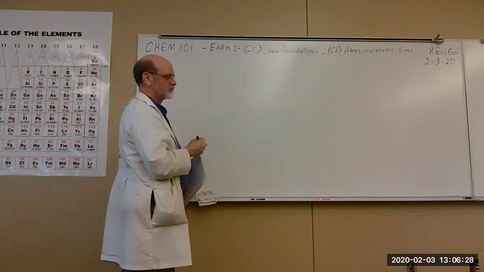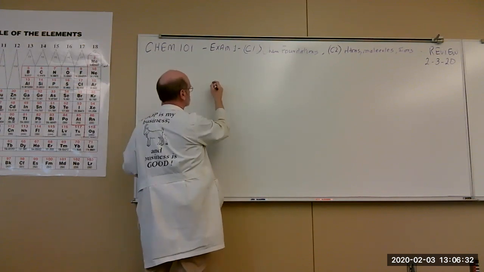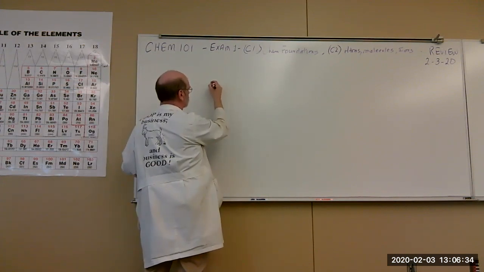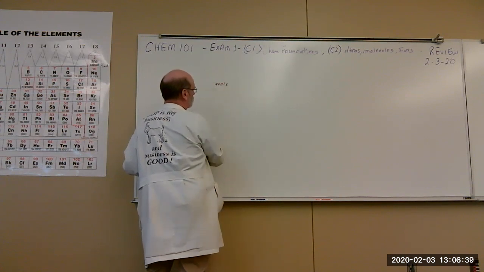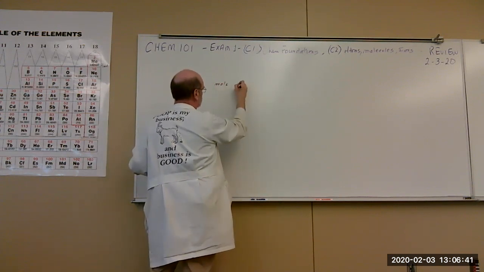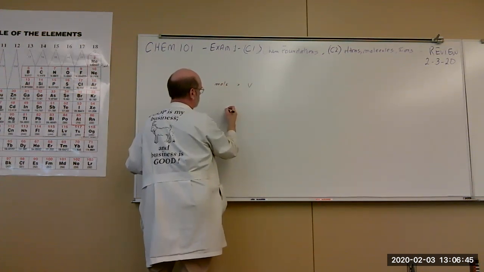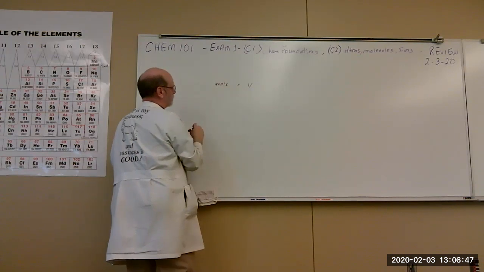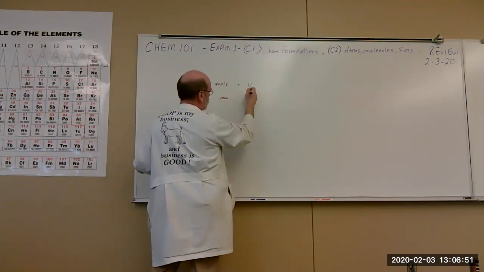Okay, so say for example, give me an example. You have moles times volume. That would be moles per volume, right? No. Well, what are your units of volume? Say liters?